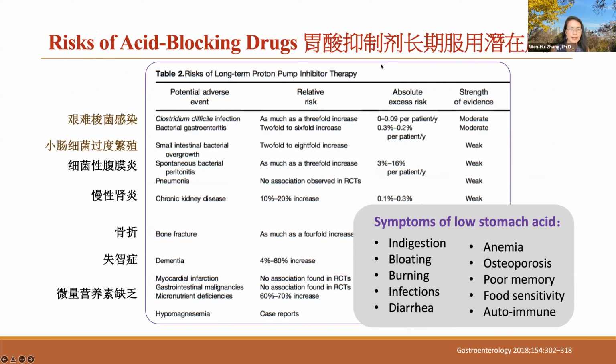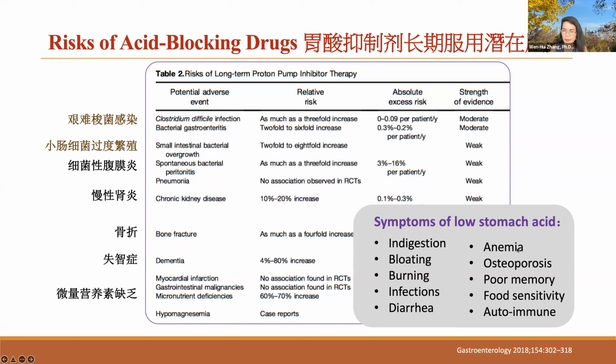Taking acid blocking drugs over time can cause many symptoms, like indigestion. The problem we initially had, the antacids actually worsen over time. It can also cause bloating, burning, and digestive infections because there is not enough acid to kill the bacteria and other pathogens coming with the food.